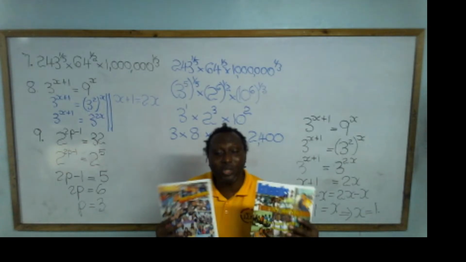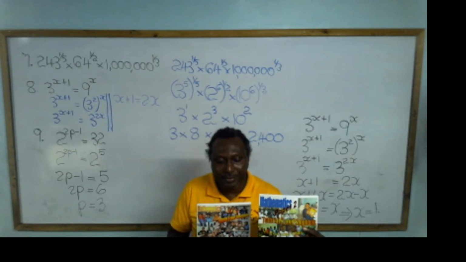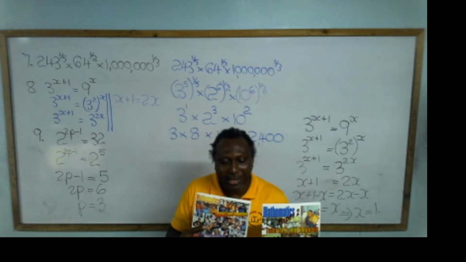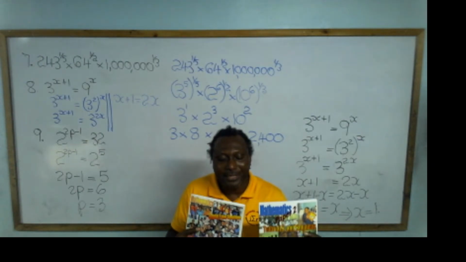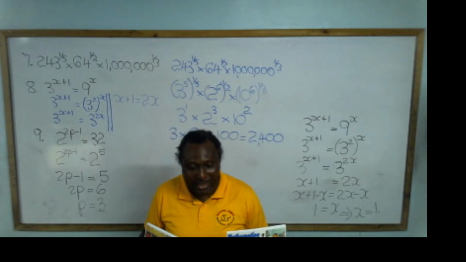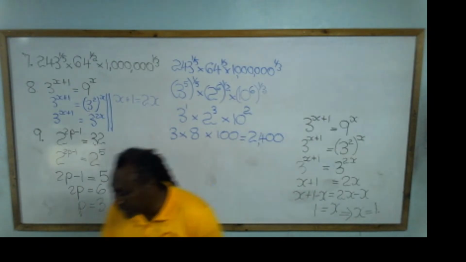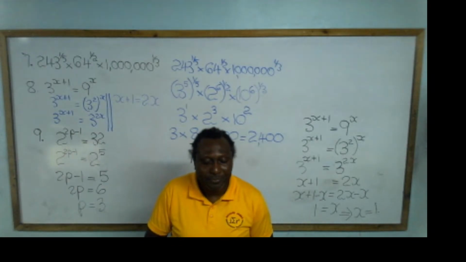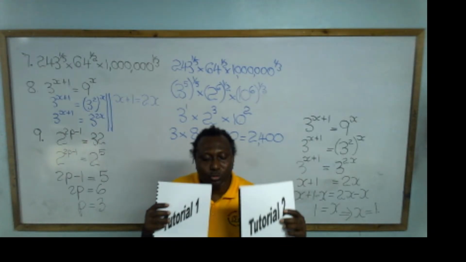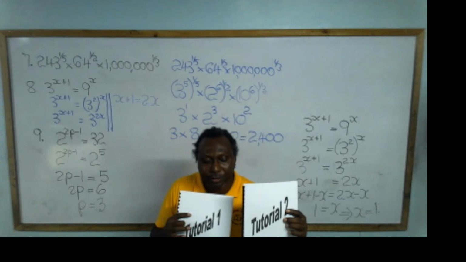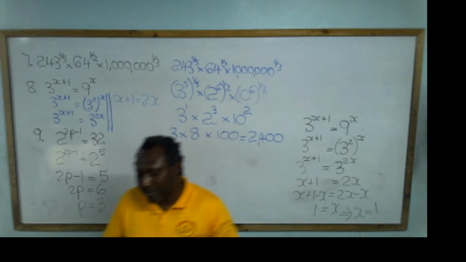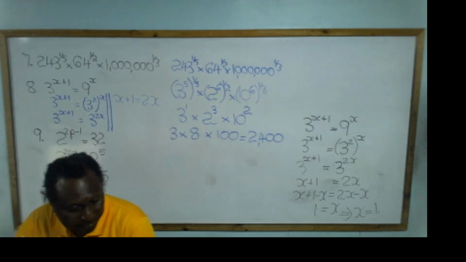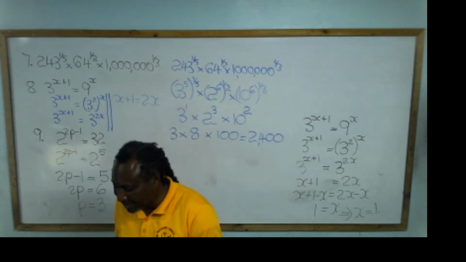Sunday is a problem solving class. So we have the 2 tutorial books here, tutorial 1 and tutorial 2, and each one of those with their question books, because we also have question books for them. Here they are. When you put your tutorial set, each set is for $3,000. Where do I put them? All right.